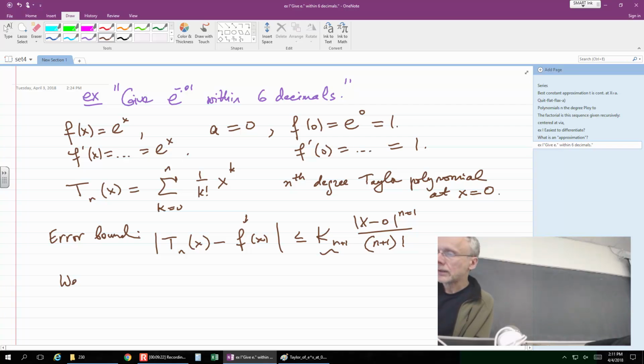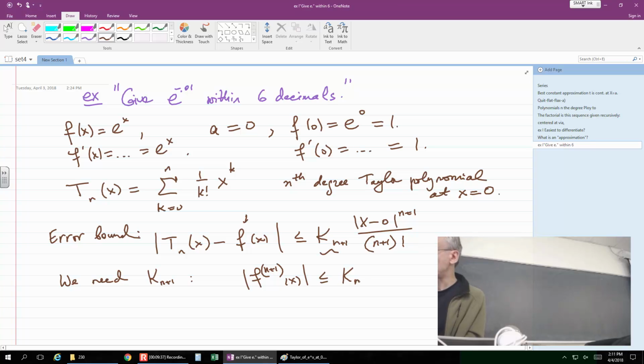We need k sub n plus 1, where does it come from? It is the absolute value of the n plus first derivative of x less than or equal to k sub n plus 1. The derivative is simply our exponential function, so it will be e to the x less than or equal to k sub n plus 1.